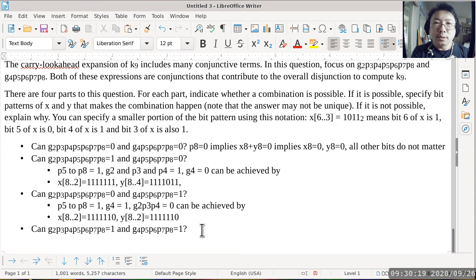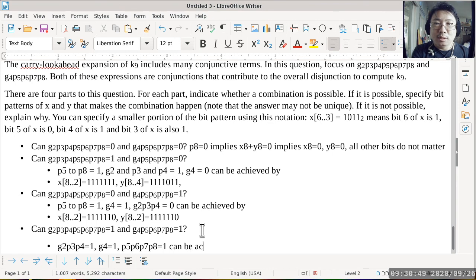And this one is the super easy one because in order for both conjunctions to be 1, you just have to make all of those bits 1s. In this case, we need G2, P3, P4 to be a 1. We need G4 to be a 1. And we need P5, P6, P7, and P8 to be 1s. In other words, we want every single term to be a 1.